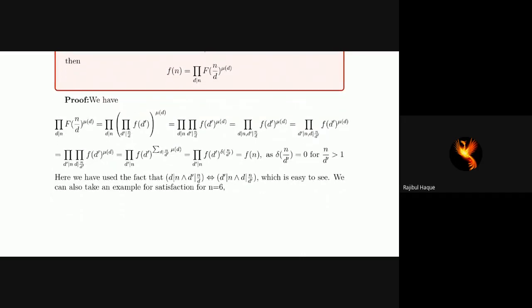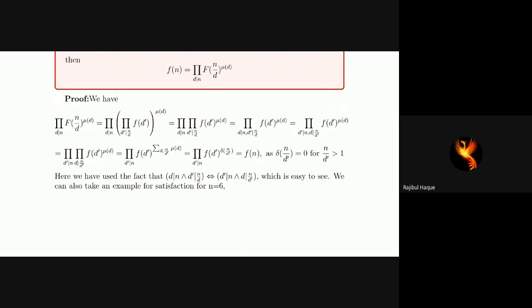If we see that, from the left hand side we break the capital F part, which gives us the product over d dash divides n by d of small f d dash, and then we take those products together over d divides n and d dash divides n by d. Then we just replace that product, as we know that if d divides n and d dash divides n by d, then we can say that d dash divides n.